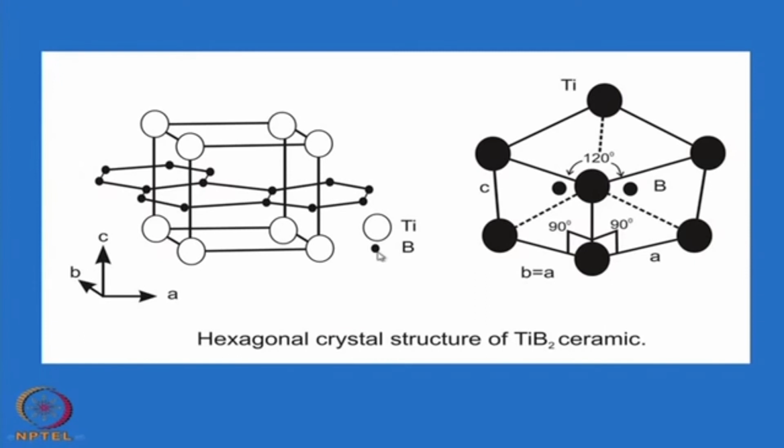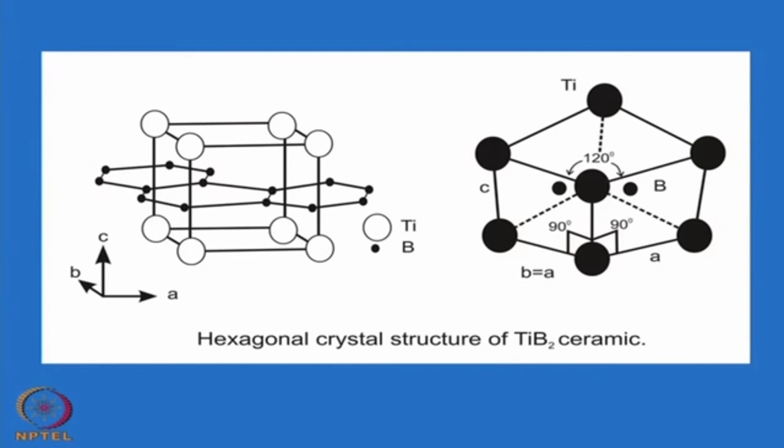In all oxide structures we have seen that the cation has a smaller size and oxygen has a larger size. Here, in a sense, both of them are cations, and they do form compounds, but their ionicity is very similar, and therefore they do not form ionic compounds; they form mostly covalent compounds.